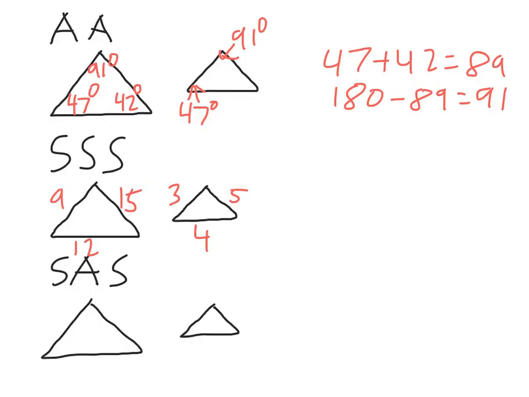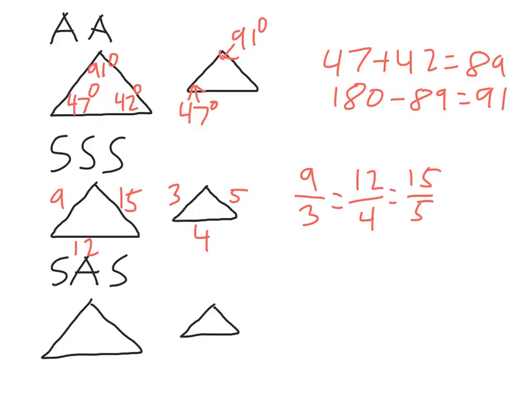So 9 corresponds to 3, 12 corresponds to 4, and 15 corresponds to 5. Now we need to reduce these, and if all 3 of these end up having the same ratio, then they are similar.